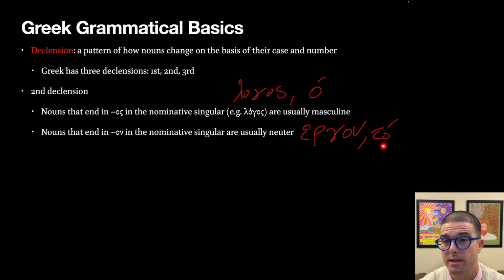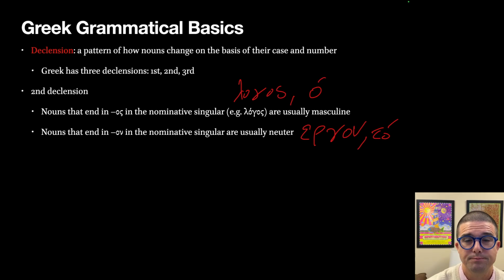This is going to be what is called the neuter nominative singular definite article telling you that this word is neuter. So usually in a vocabulary list or in a Greek dictionary, you're going to see a word after it. This word is what's called the definite article. Again, we'll talk about that in just a minute here. And it's going to tell you the gender of the noun that it goes with.